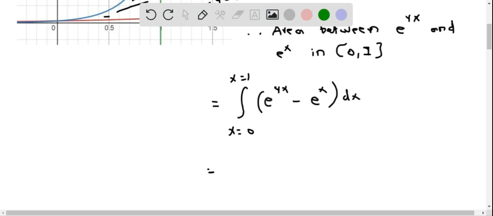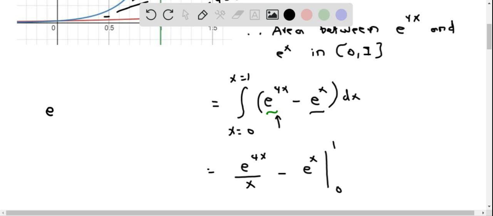So the integral of e^(4x) is e^(4x) divided by x, minus the integral of e^x, which is e^x, and this has to be evaluated from x equals 0 to x equals 1. We find the integral of e^(4x) using the substitution method, or we can directly use the formula.